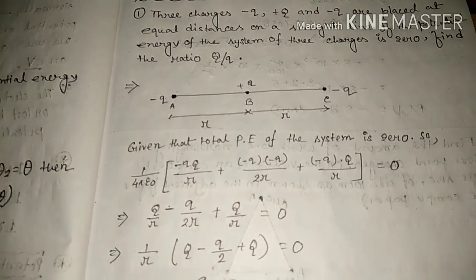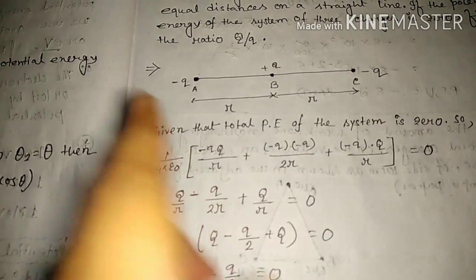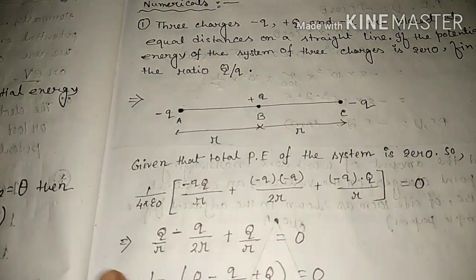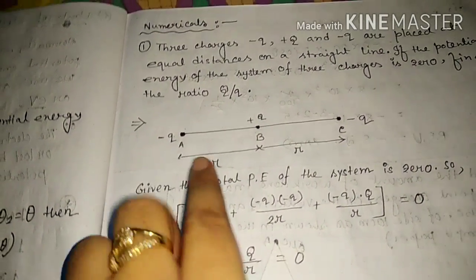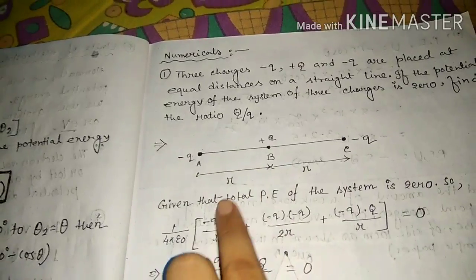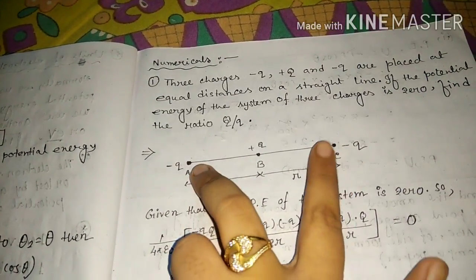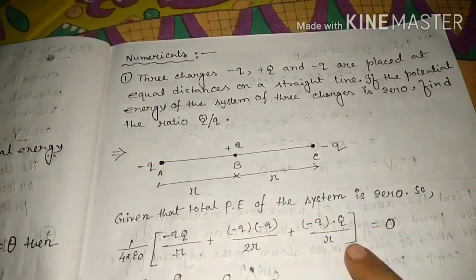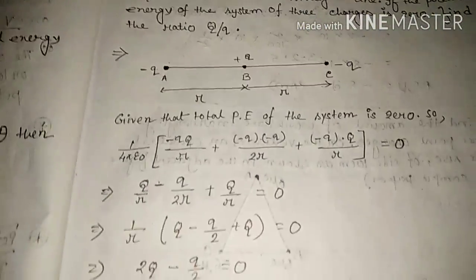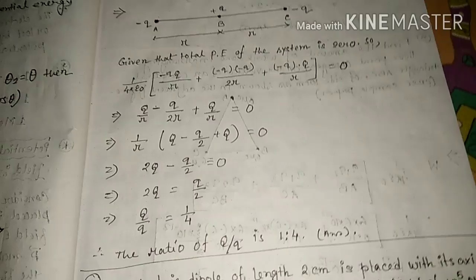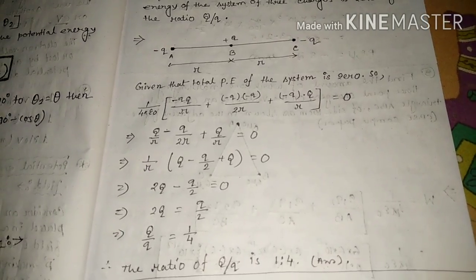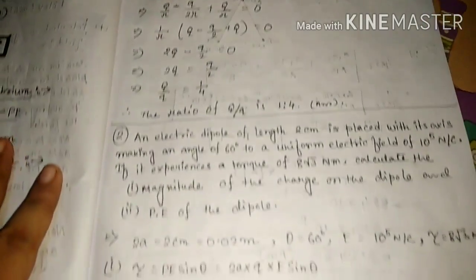We know the potential energy is 1 by 4 pi epsilon naught q1 q2 by r. Taking 1 by 4 pi epsilon naught common: between the first two, minus qQ by r, between the outer two, q squared by 2r, and between the last two, minus Qq by r. After solving, the ratio Q by q equals 1:4. Clear?